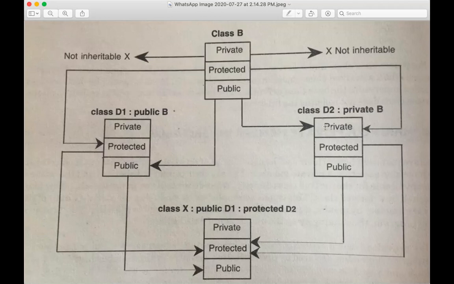Now just try to remember the first table that we have seen. In case of public derivation, protected becomes protected in your derived class, and public becomes public in your derived class. Getting it?